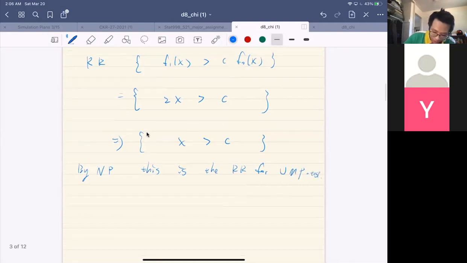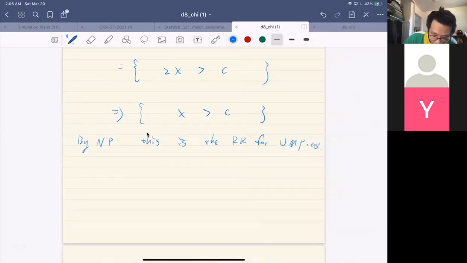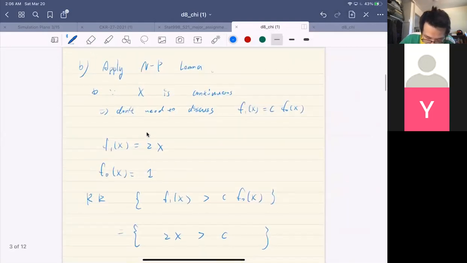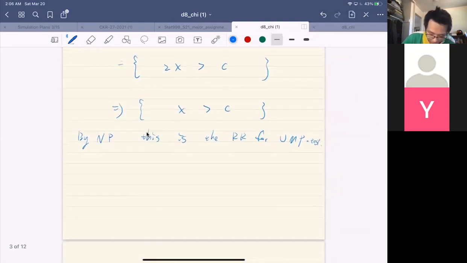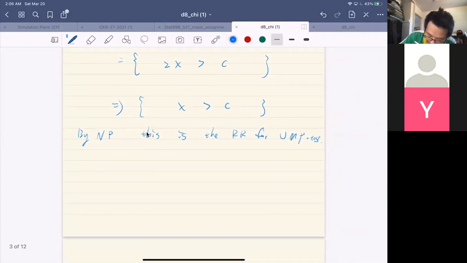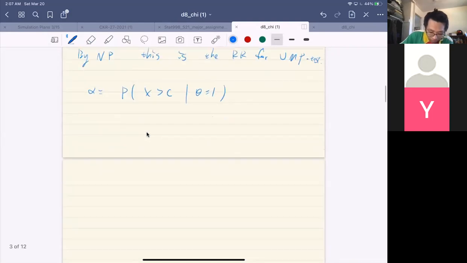So we only have to figure out c to make the significance level alpha. Alpha should be equal to the probability that we reject conditioned on the null. So that is equal to the integral from c to 1 of 1 dx, which is 1 minus c. So c should be 1 minus alpha.